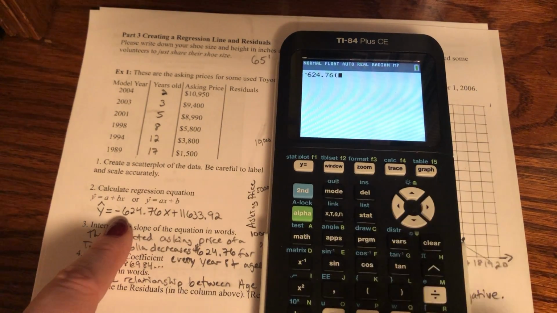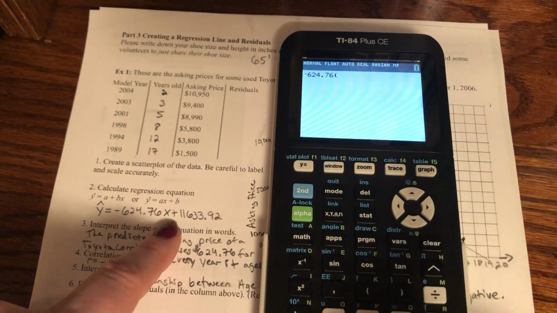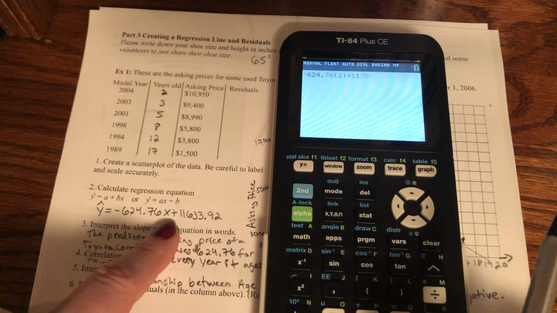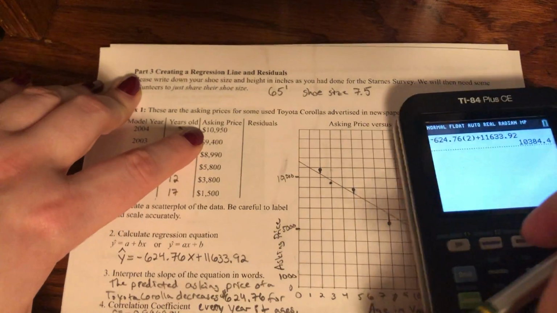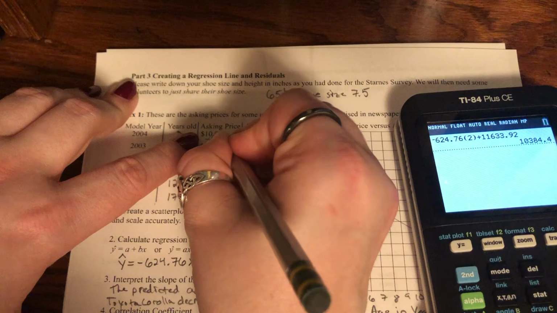All right, so -624.76 times 2, because it's 2 years, plus 11,633.92, enter. This is my predicted value. This was my actual, so I need my actual minus my prediction.